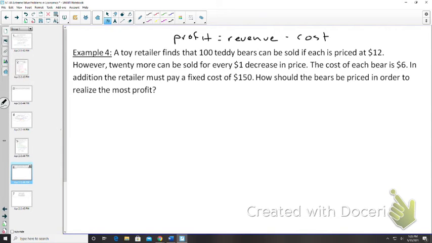So we are looking to realize the most profit, which means we're looking to maximize the profit here. So I'm going to let P equal profit max.